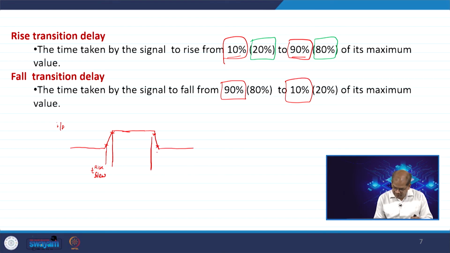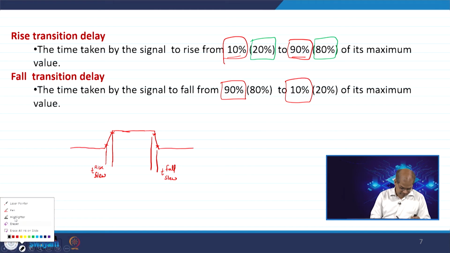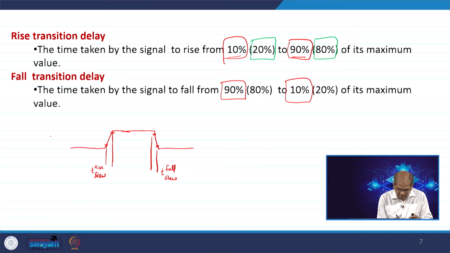This one is called the fall slew, correct. This is for the input signal. Similarly, we can define it for the output signal also.